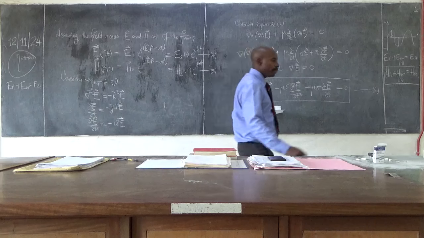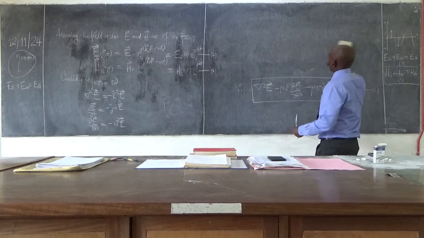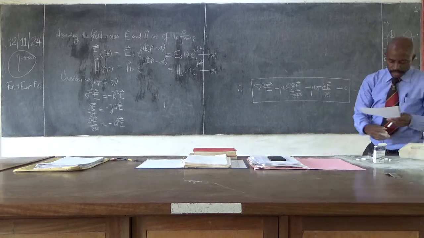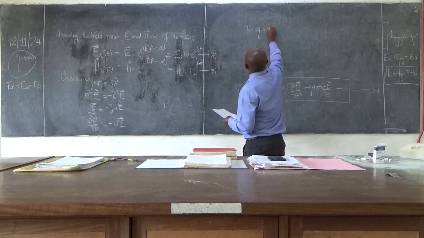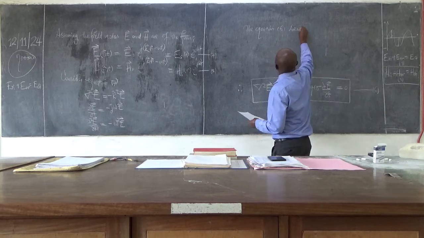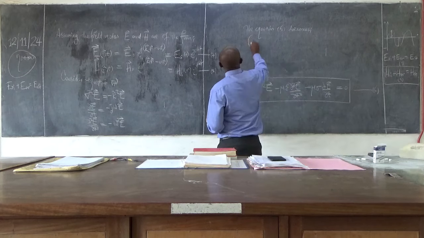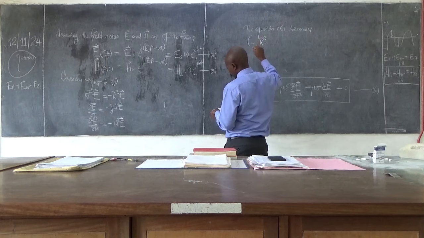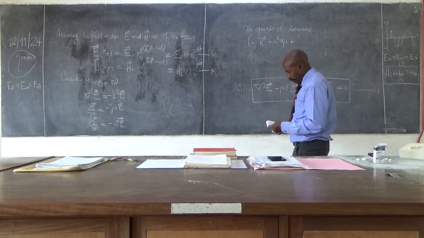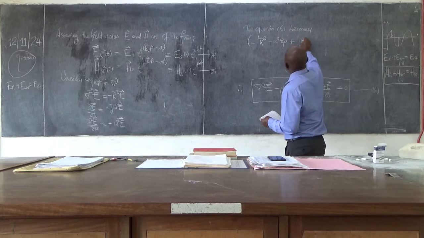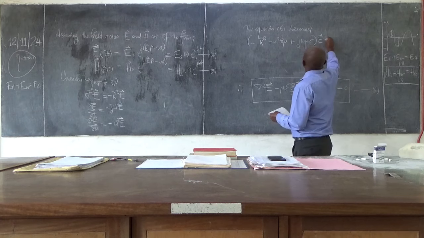Substituting in this equation here, so equation 6 becomes −k² plus ω²εμ plus jωμσ, E will be equal to 0.